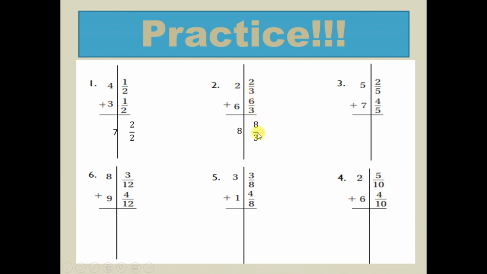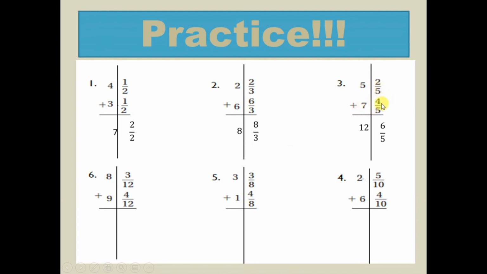So the denominator is 3, 2 plus 6 is equal to 8. Then go to the left part, add whole numbers. 2 plus 6 is equal to 8. And this improper fraction, I need to convert it into a proper fraction.